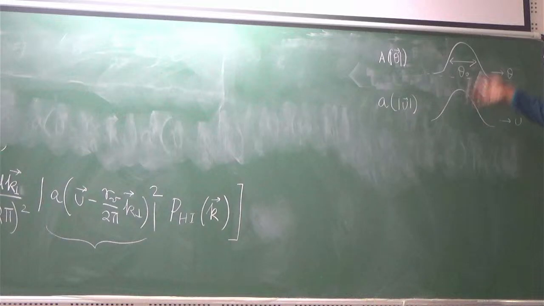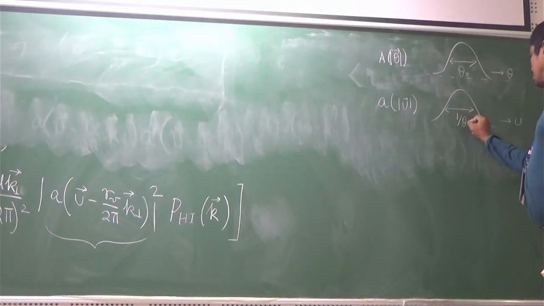Something else, it will have some kind of profile. What do you think the width will be? Proportional, Fourier transform, 1 by theta naught, right? The width will be proportional to 1 by theta naught.